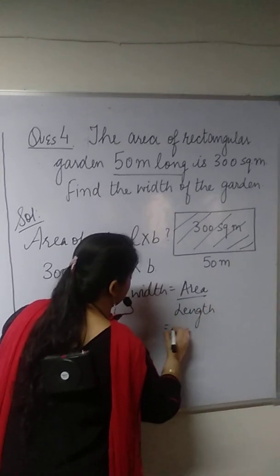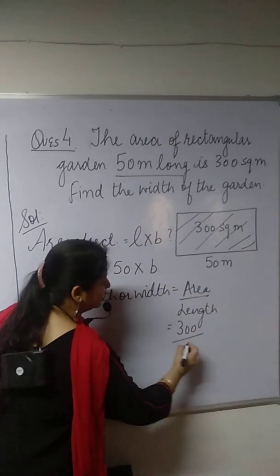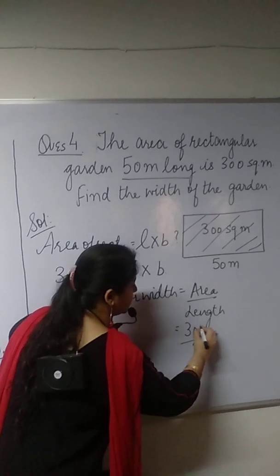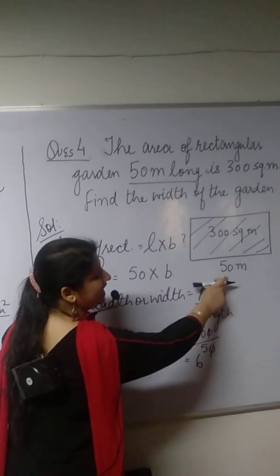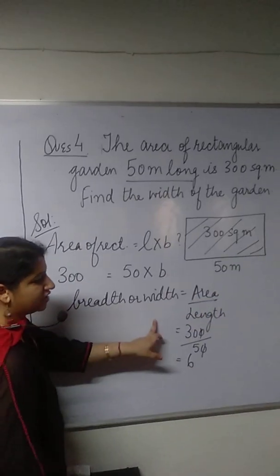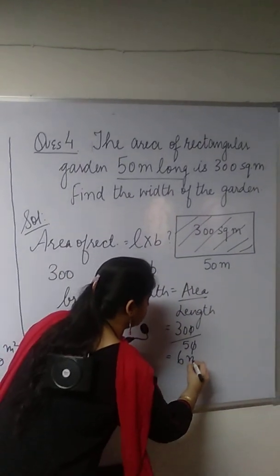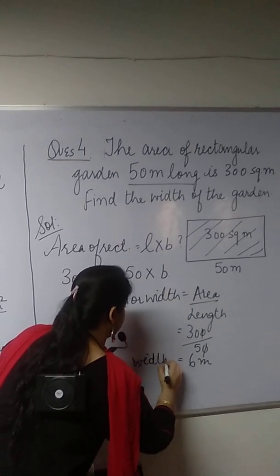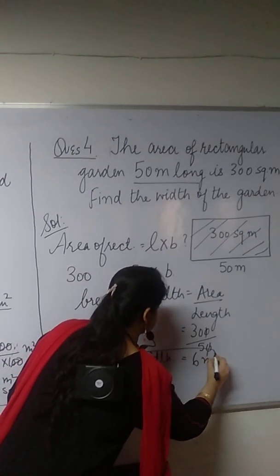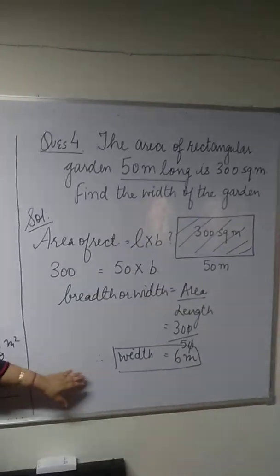Area is 300, length is 50. 0 and 0 cancel. So your answer is 6. As length is given in meters, so breadth or width will also come in meters. Therefore, width of that rectangular garden is equal to 6 meters.